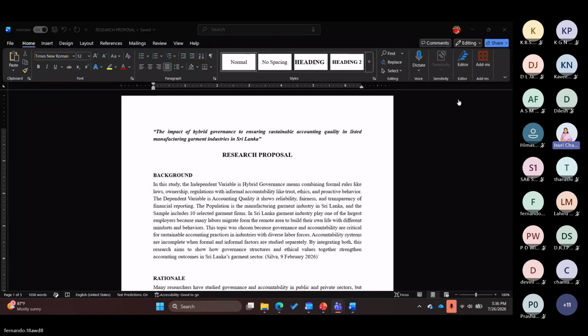Fernando 18D. The impact of hybrid governance on ensuring sustainable accounting quality. Okay, interesting research topic. Show me the research questions and objectives. Hybrid governance to ensure sustainable accounting.